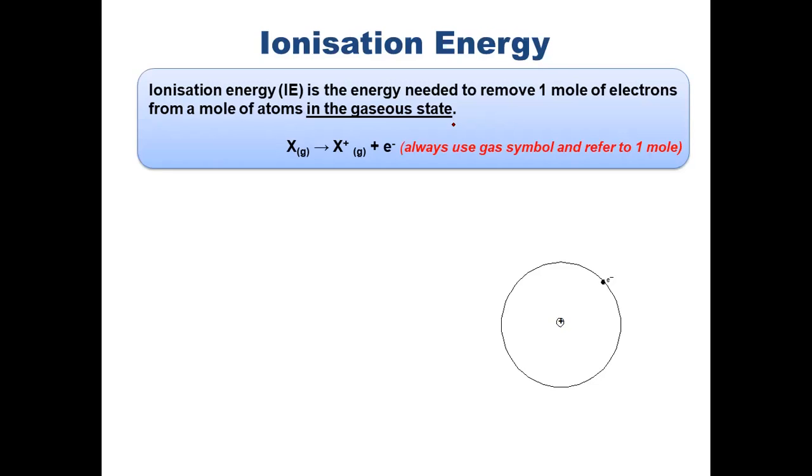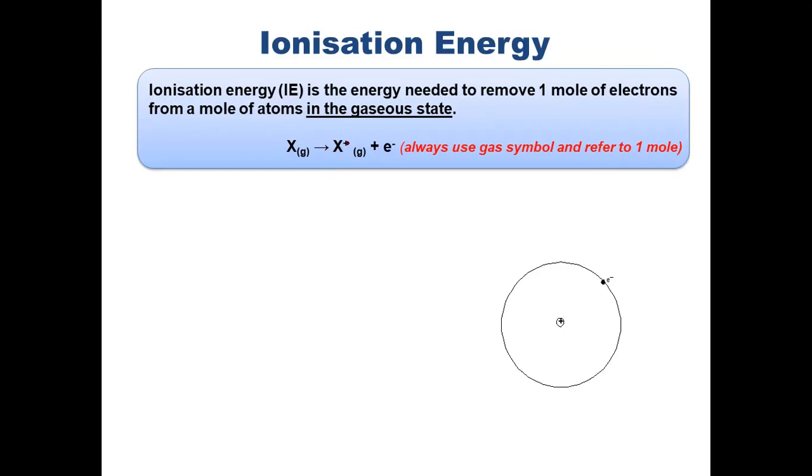Now, there's an equation for ionization energy. We can show it in an equation, think of it like a half equation. It's very similar to a half equation, but there are some differences. As per the definition, we're starting from a mole of atoms. So for example, if we have element X, this is the mole of atoms, but it's in the gaseous state, so you must have (g).